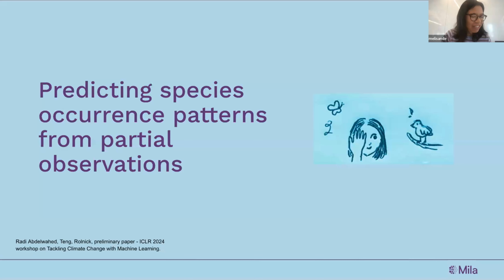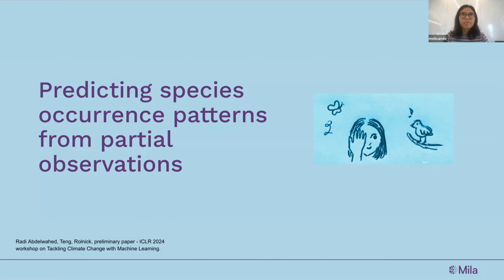Okay, so I have a bit of time to talk about another project that we've been working on. With SatBird, the problem that we tried to look at is, how do you get information about species distribution in places where you have zero information? And you can use satellite images because that's at least available everywhere.